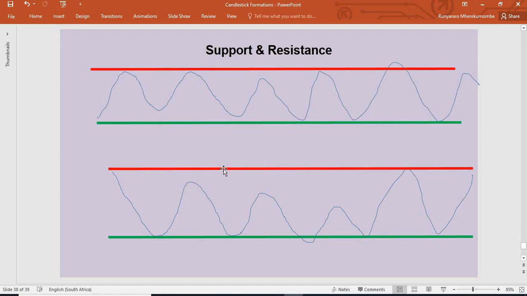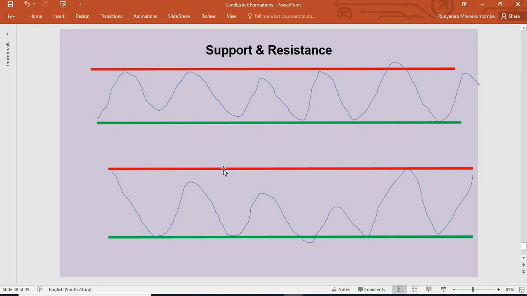So you can consider resistance and support as someone who is trying to go up a building from one floor to the next without having anything to use except maybe blasting tools. If they must move from the ground floor to the first floor, it means they have to blast through the roof, that is, break the support, which is the roof or a ceiling.